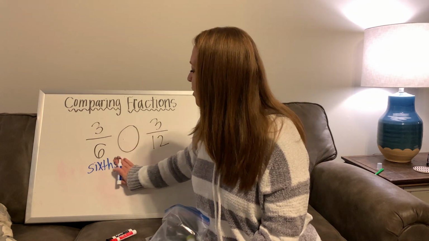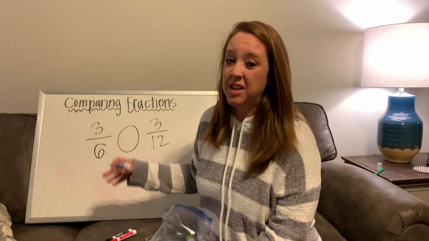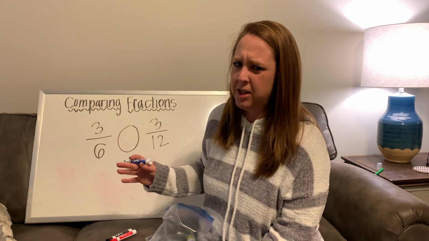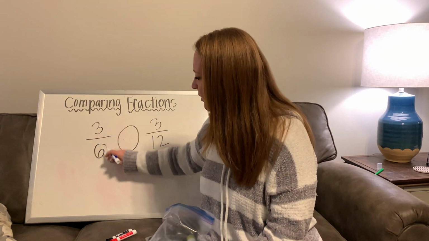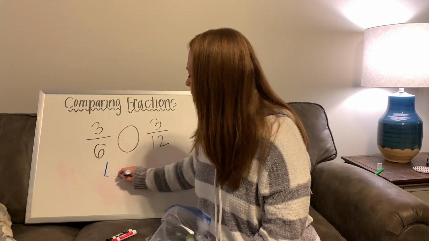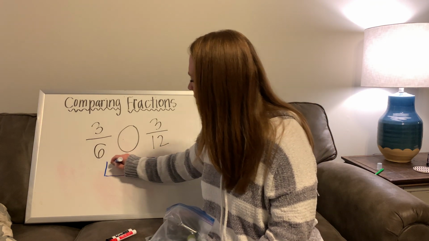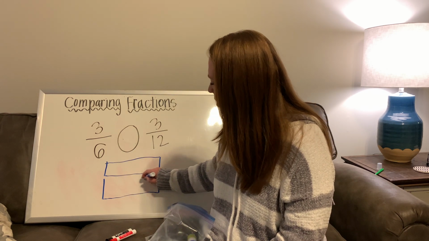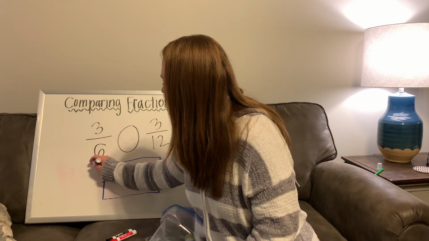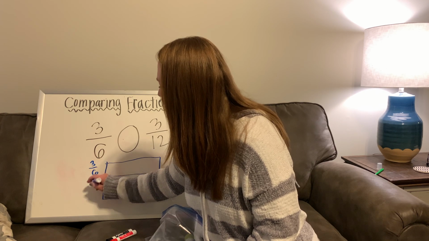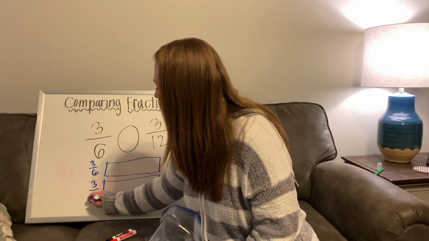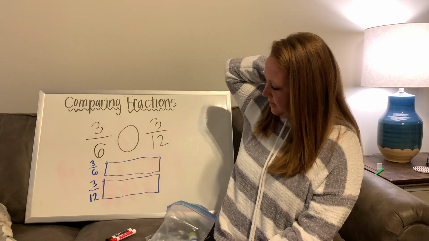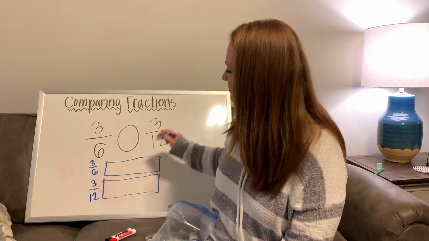We are going to have to compare these sizes, and let's get a picture of what this looks like. 3/6. I'm going to draw 2 holes right on top of each other. Here's my 2-hole candy bars. There I go again with the candy bars. 3/6, and 3/12ths. I'm going to show each one.